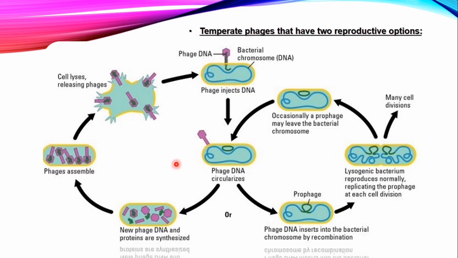The first is to replicate by the lytic cycle, and the other option is the lysogenic cycle, in which occasionally a prophage may leave the bacterial chromosome, and this phage DNA circularizes and enters the lytic cycle in favorable conditions, which I have explained earlier.